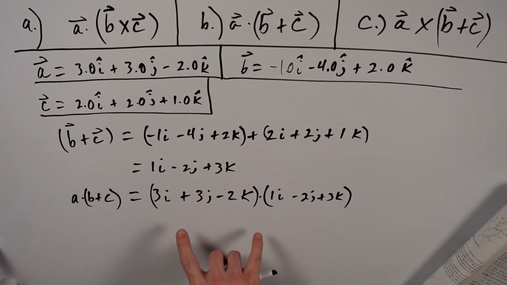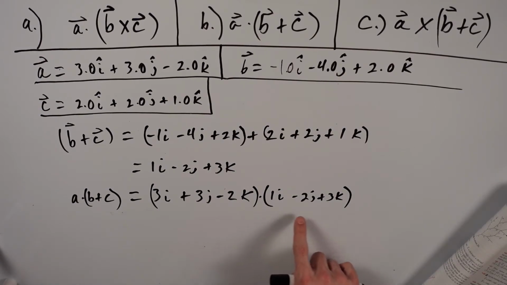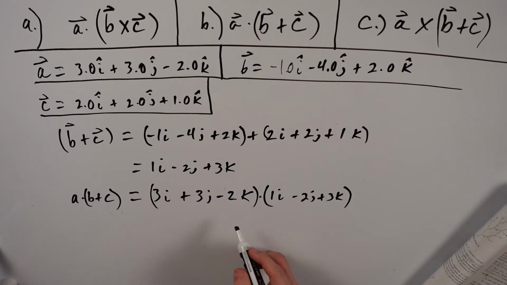For these, I almost always keep the I, J, and K information, because if you start getting lazy and taking these out, you're going to forget it's a vector or what you're doing with it. You may just start using them as numbers. So you have to pay attention to that.